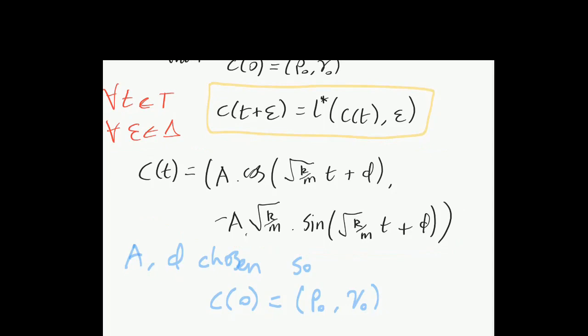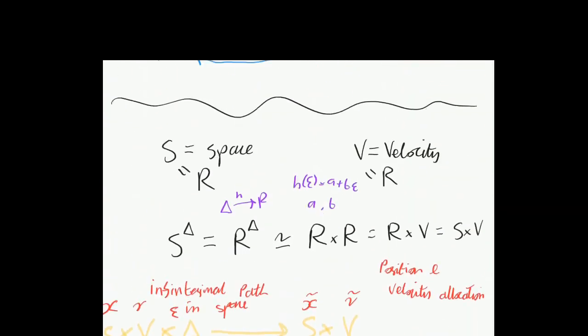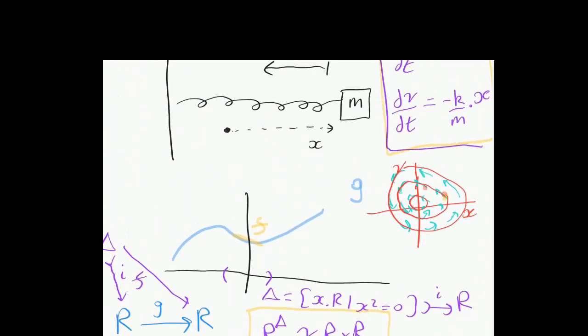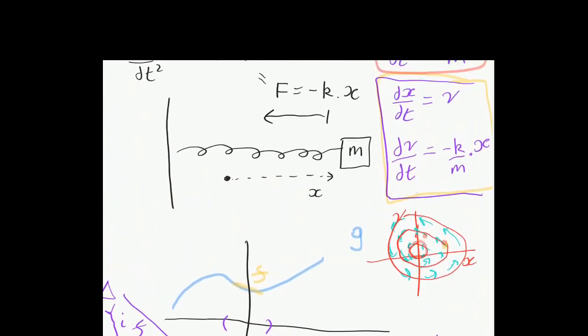And so basically this is just how we solve this kind of system of differential equations. And we just get that the solutions, the flow lines, are these circles about the origin.